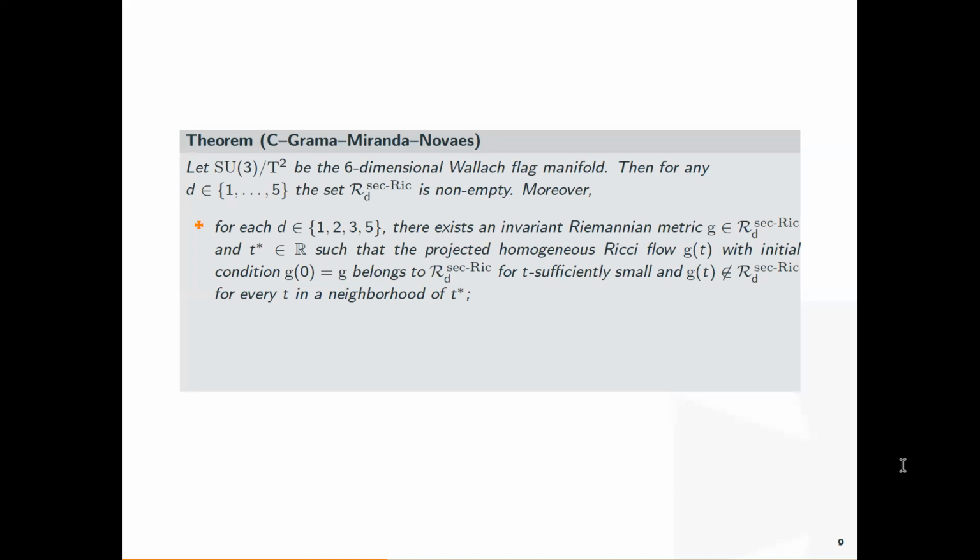So this is the point here. We can, for every notion between positive sectional to positive Ricci curvature, construct a metric that has positive intermediate curvature such that the homogeneous Ricci flow keeps this property of intermediate curvature for short time, but at some instant in time, either forward or backward, loses the property of positivity, meaning that there is a vector such that the notion of picking d plus 1 vectors does not hold.